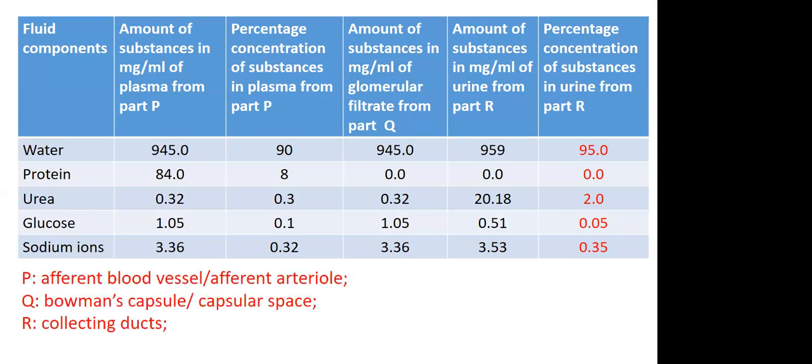So these are our answers: P, the afferent blood vessel or afferent arteriole; Q, the Bowman's capsule or the capsular space; and R, the collecting ducts. Because in the collecting ducts, by that time, we are talking about urine, because all the other things have been removed.